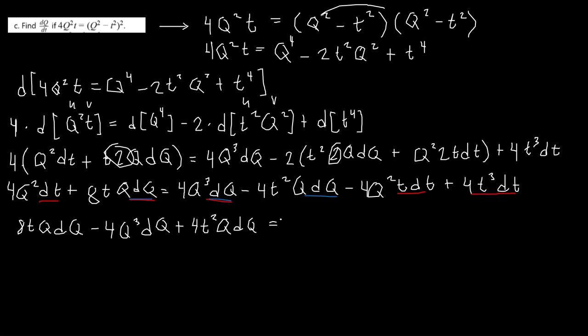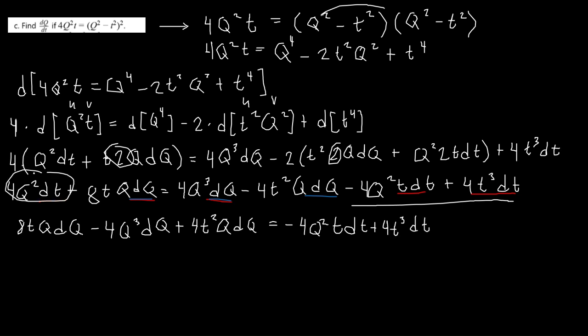So it's going to be negative 4q squared t dt plus 4t cubed dt, and then transfer this one to the other side, negative 4q squared dt.